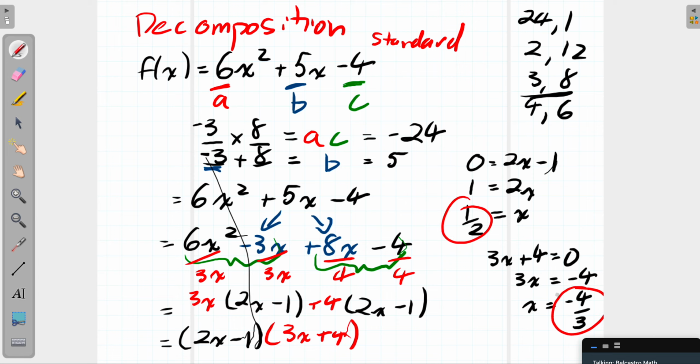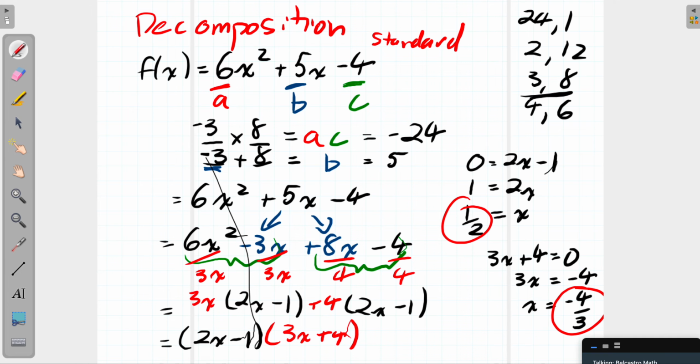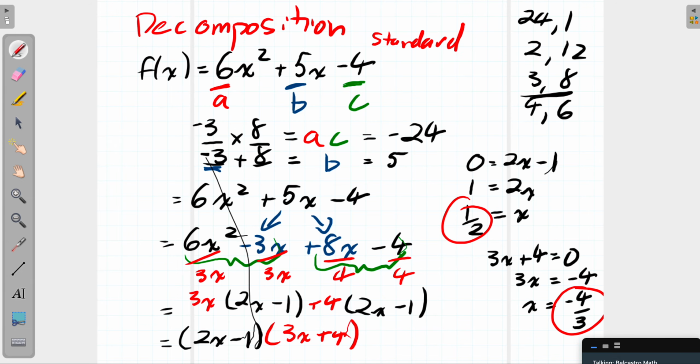If we wanted to find an axis of symmetry, we have to put these through the AOS formula. So we can quickly try to do that on the next page here. Actually, I have to add a page. Our AOS formula, we'll write it in, divided by 2, and our two values are -4/3 and 1/2.